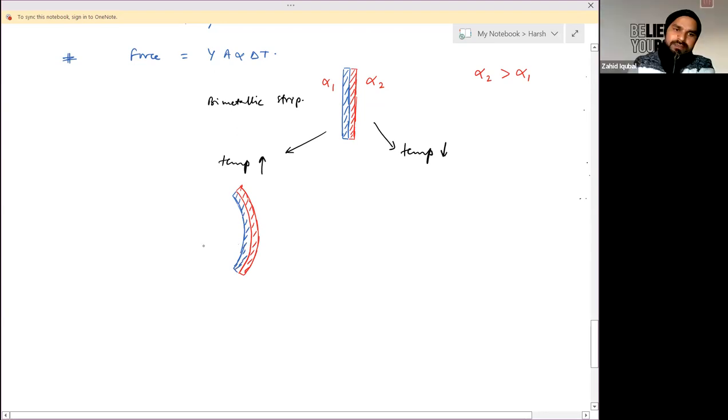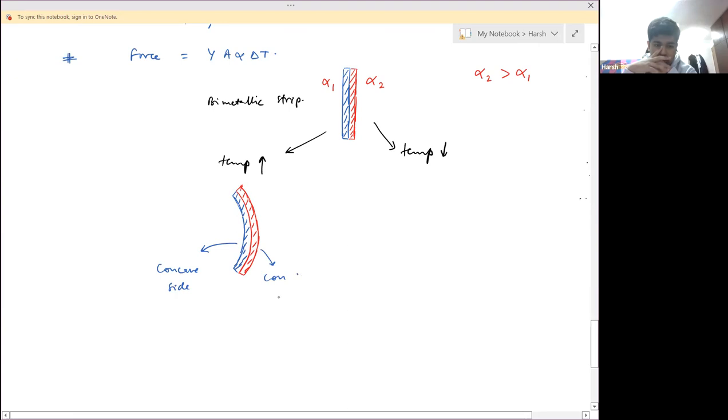So in this part, the inner surface is the concave side and the other is towards the convex side. Similarly, on decreasing temperature, there will be more compression in the substance having the larger temperature coefficient, that is alpha 2. Since alpha 2 is greater than alpha 1, there will be more compression in the second rod, that is the red rod, as compared to the blue one.